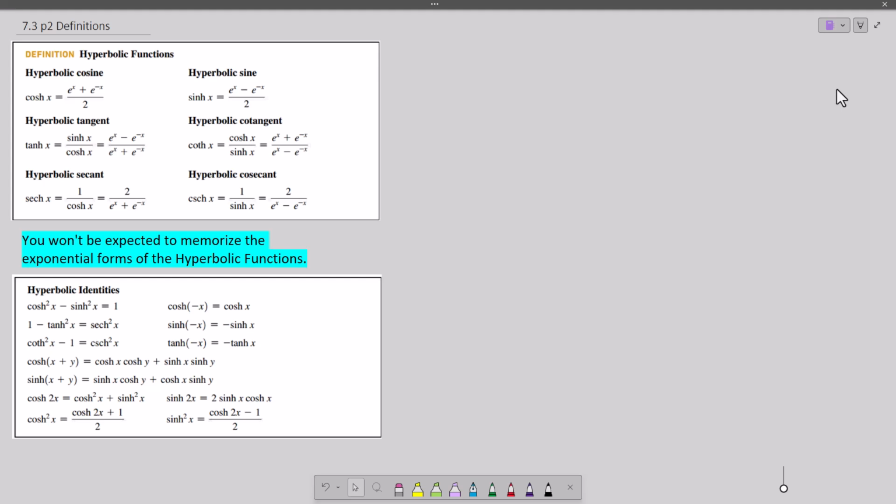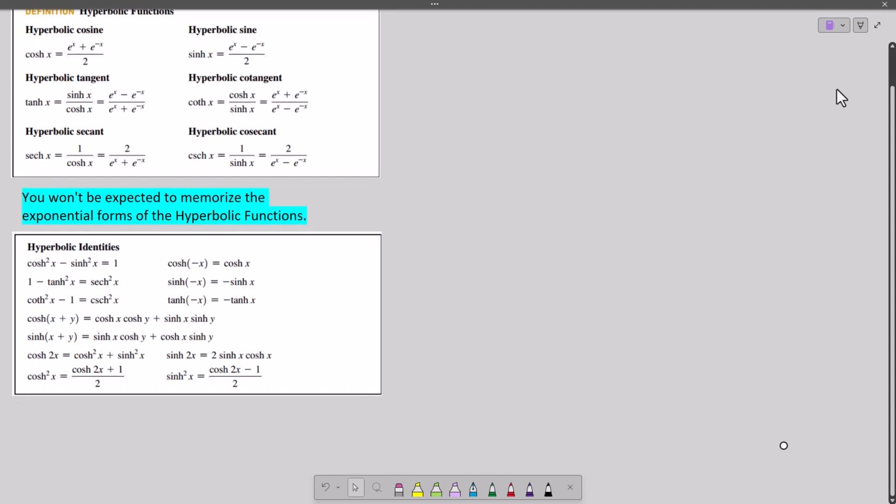So with all of these, you could turn them into exponential functions. We're not going to do that on the test. Some of the homework will ask you to play around with the exponentials, so be aware of that. Down here, the pieces you definitely need to know, that is the main thing you need to know. Right there.